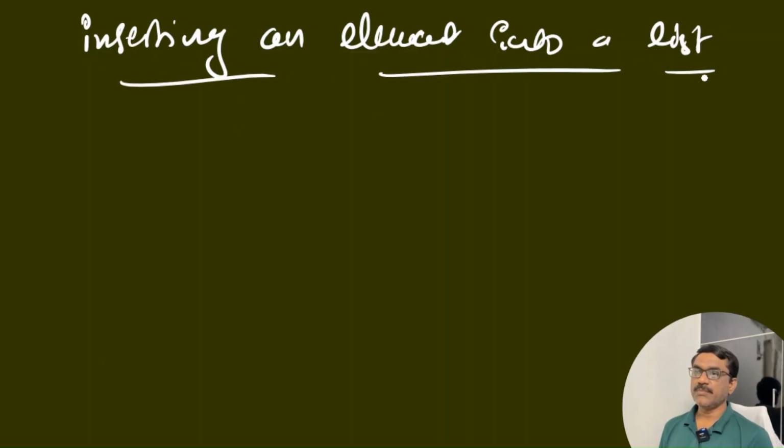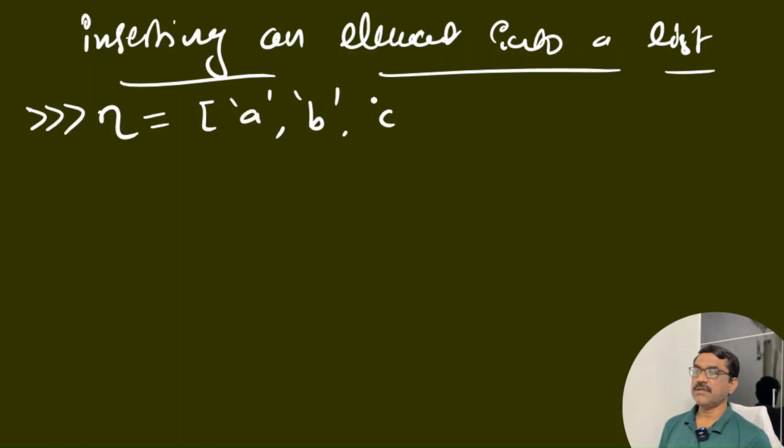So basically, we are talking about a single dimensional list. Now assume how to insert an element into a list. Let us take one example for this. We have a list n equals, with the elements A, B, C. Okay, this is the list.